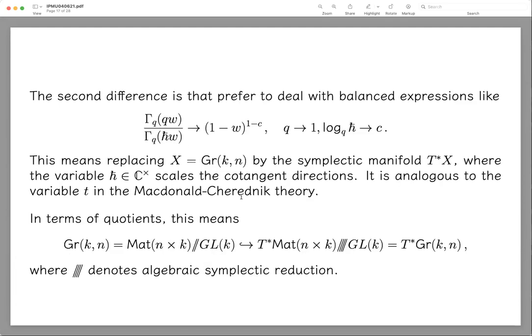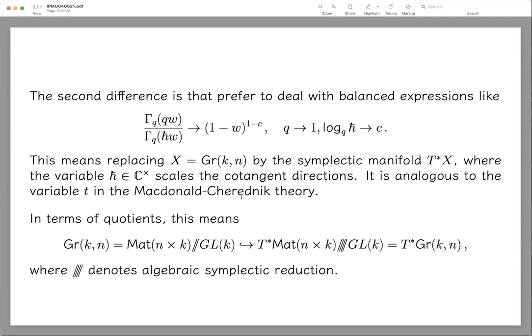And then the second thing is that, generally speaking, people much prefer to have somewhat balanced expressions, where for every q-gamma function in the denominator there's a balancing thing in the numerator. For one thing, this is good if you want to have a good limit q to 1.